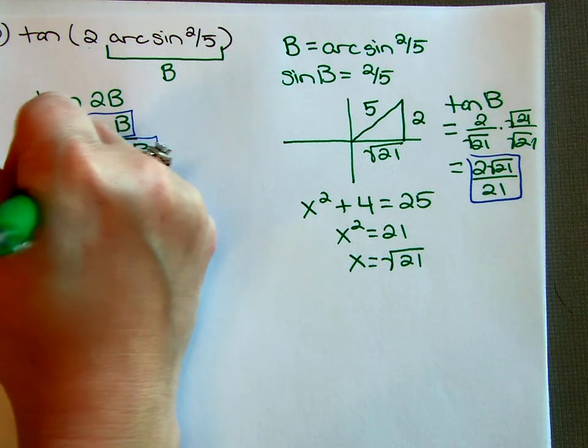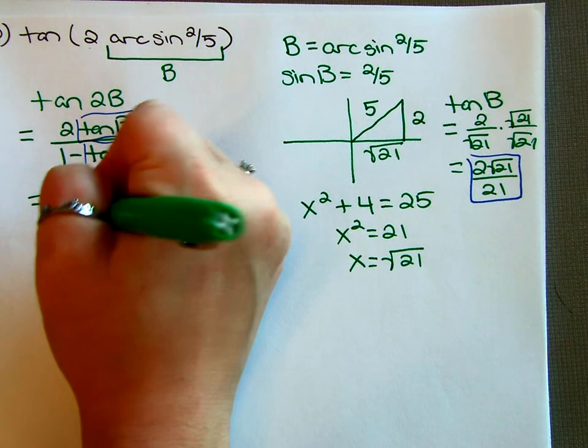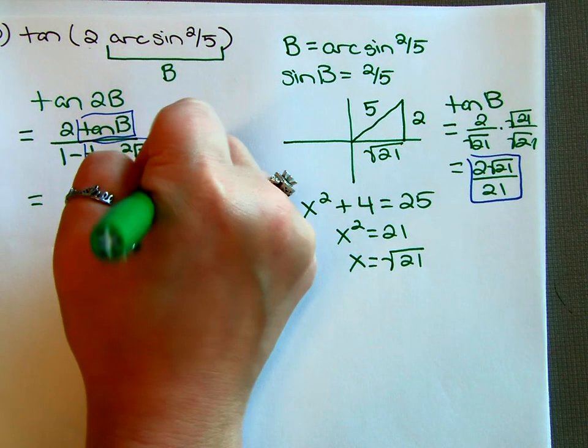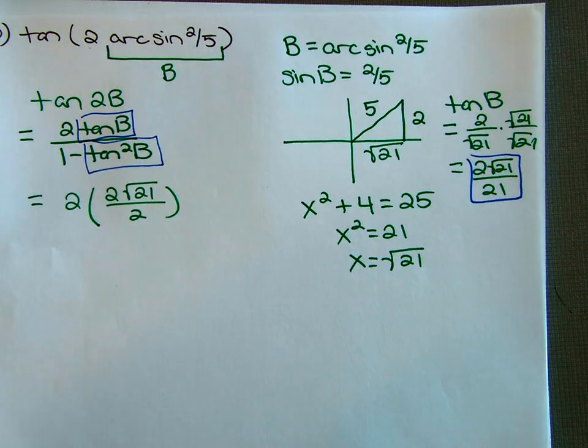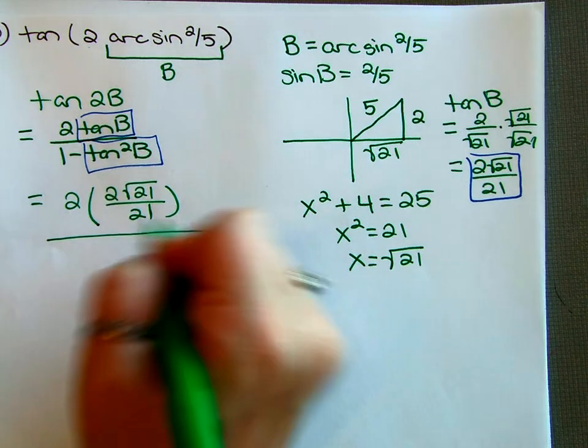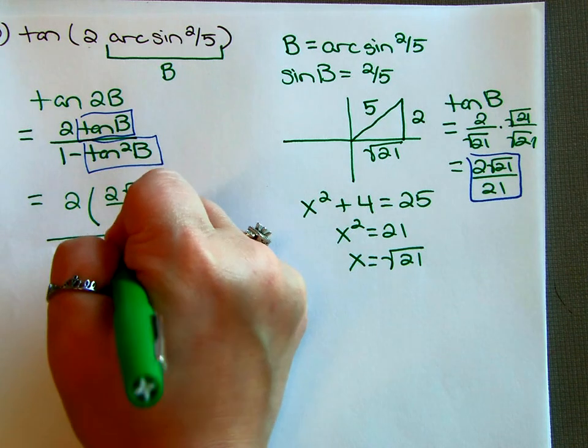So 2 times 2 radical 21 over 21 on top, and on bottom, I have 1 minus 2 radical 21 over 21 squared.